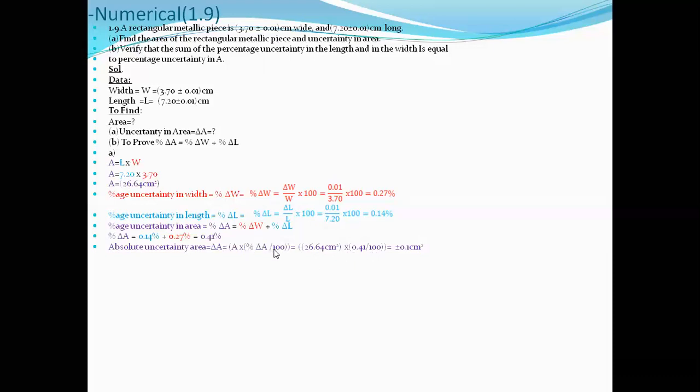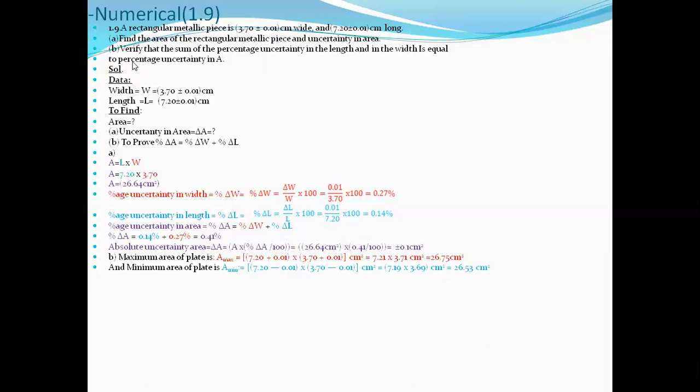We will get plus minus 0.1 centimeter square. So this is the uncertainty in the area of 26.6 centimeter square.